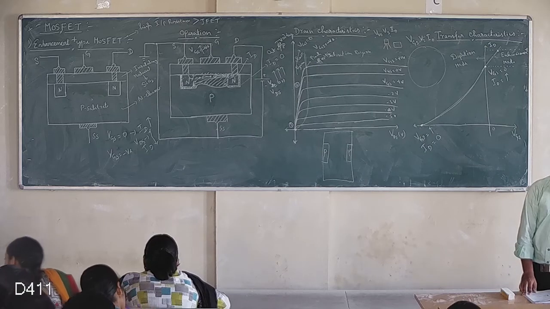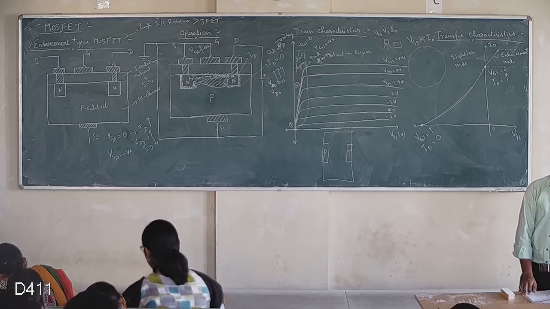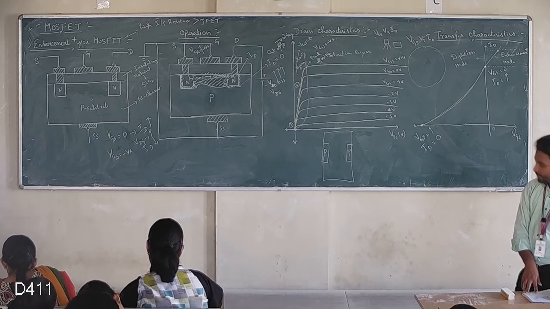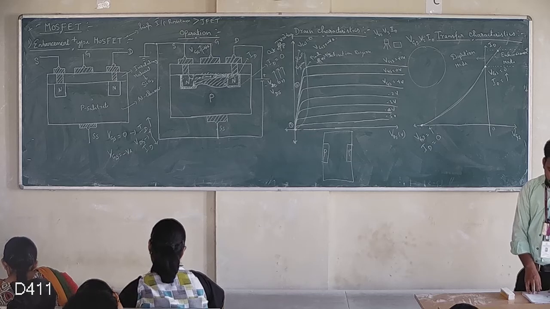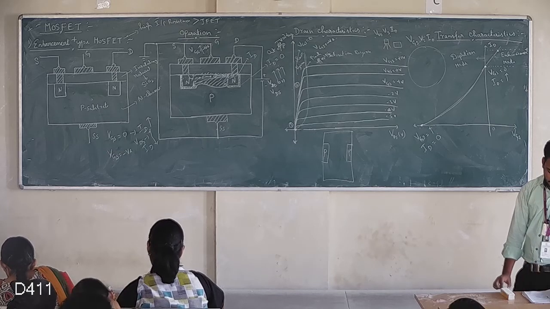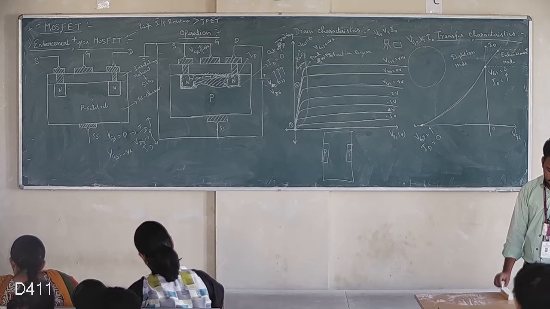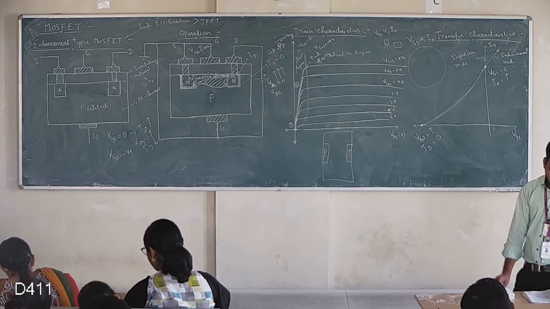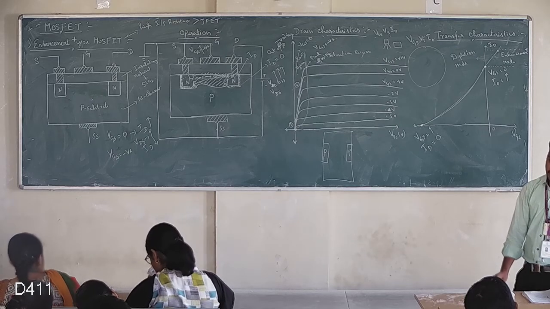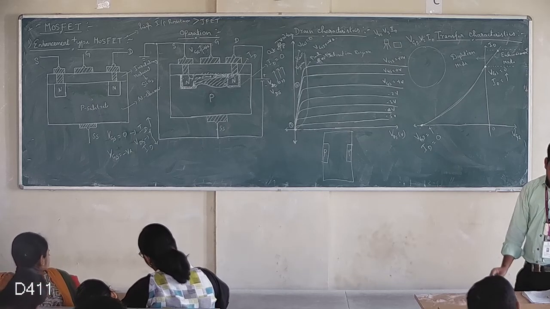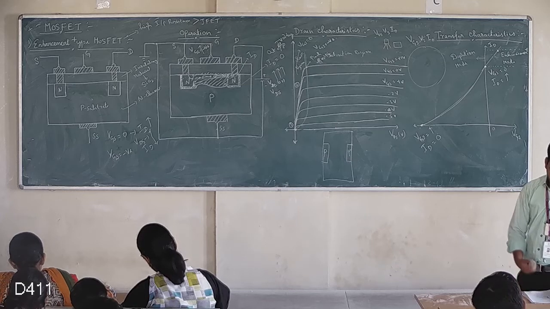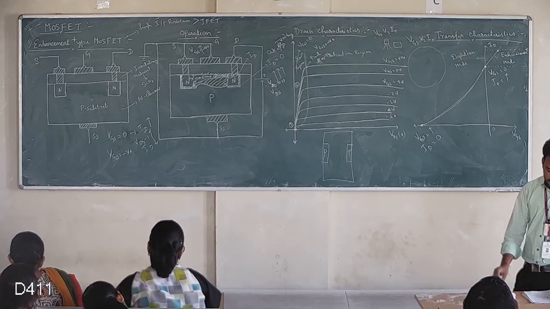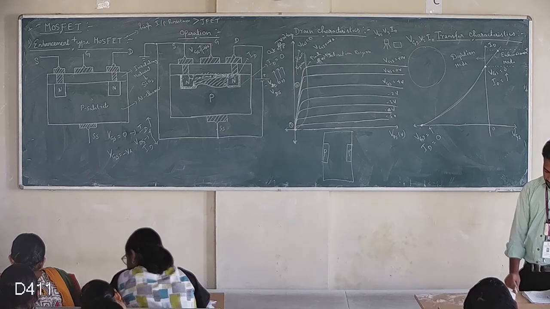Next one, cutoff region. As we know, for N channel JFET, the more negative VGS causes drain current to reduce and pinch off voltage to be reached at lower drain current.